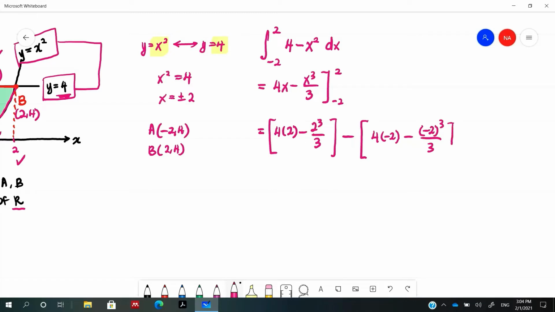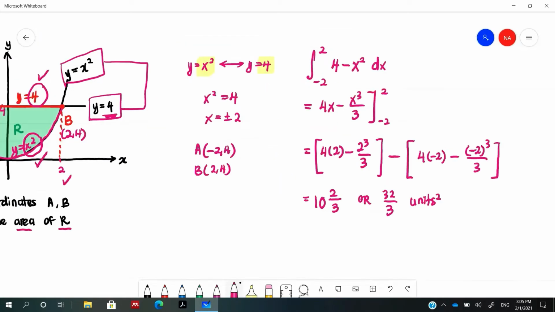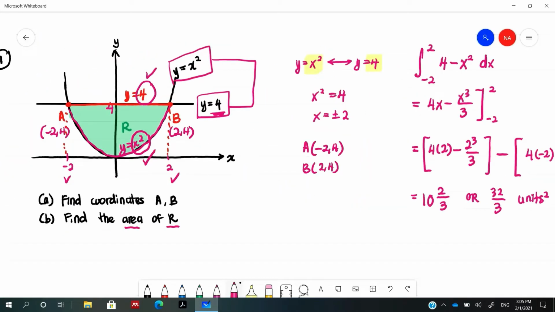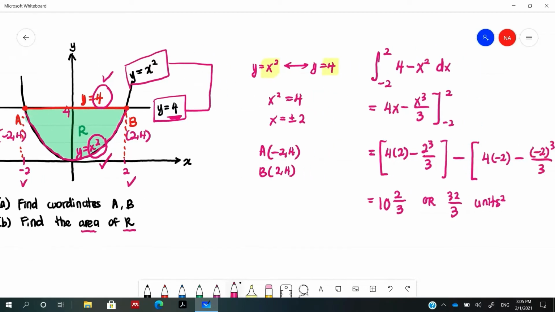Using the calculator, 8 minus 8 over 3 minus negative 8 plus 8 over 3, we get 10 2 over 3. The answer is 10 2 over 3, or you can write 32 over 3. Because it is area, it should be units squared. So this is for the first one.